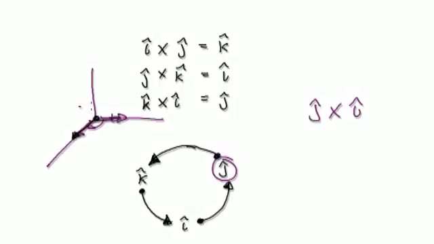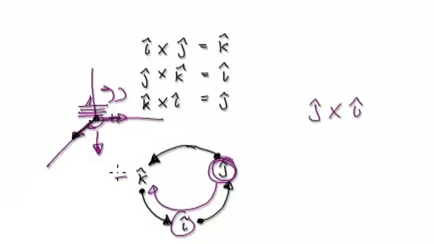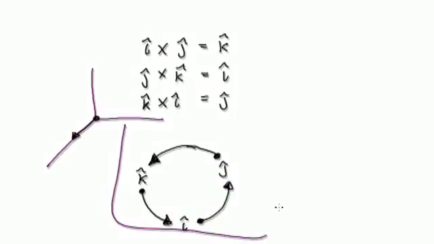If you point your right hand in the J direction, you can curl your fingers in this direction, but you can't curl them the other way. So you've got to turn your hand upside down, and your thumb will be pointing down. So if you're trying to do J cross I, you're going in the opposite direction now. So this will be minus K. Well, this is another method, should you want to use it, okay?